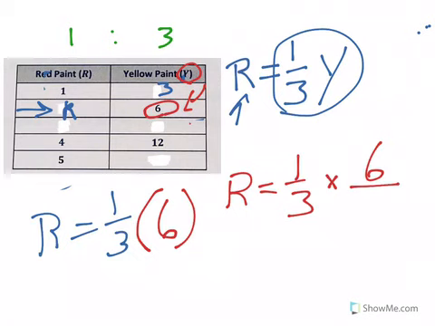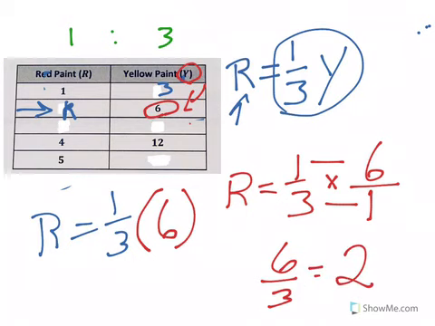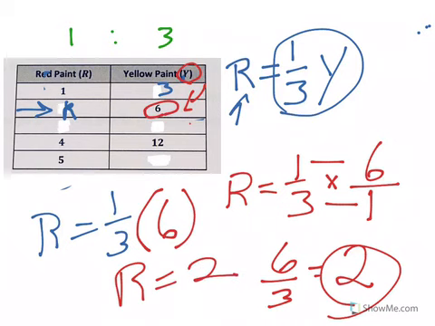I know if I'm multiplying, I'm going to multiply straight across, so I'm going to give 6 a denominator of 1. 1 times 6 is 6. 3 times 1 is 3. 3 goes into 6 2 times evenly, so my answer is R equals 2. And I would know then, up here in this exact problem, I could put a 2.